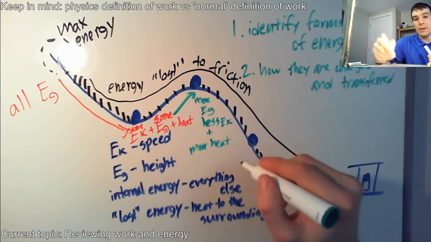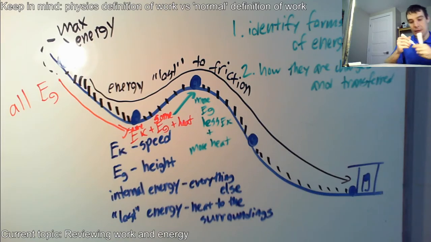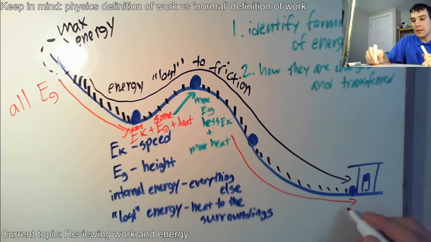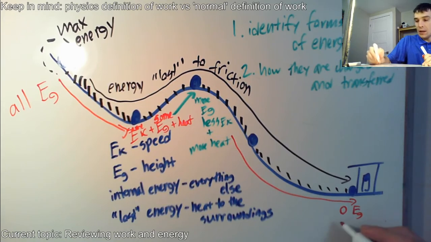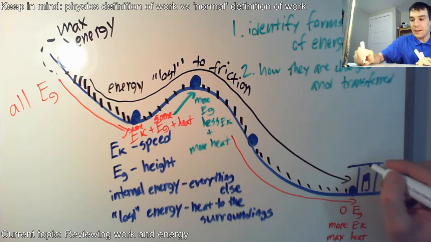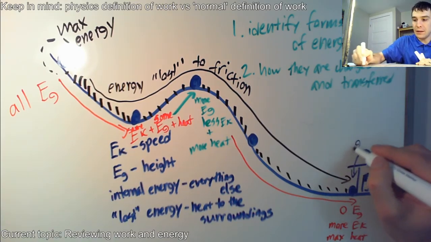And then on the way down, it's going down to, we might call that 0 EG, no EG, more EK, and the max heat. We've lost the maximum amount of energy at the bottom there. And then it's important to note in the question that it says during this time they take gasoline and pump it in, right?